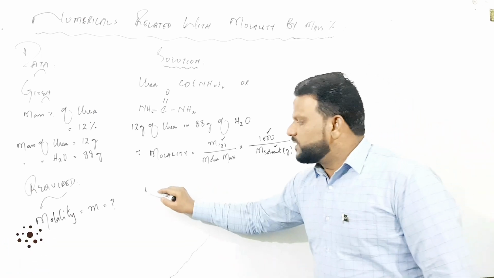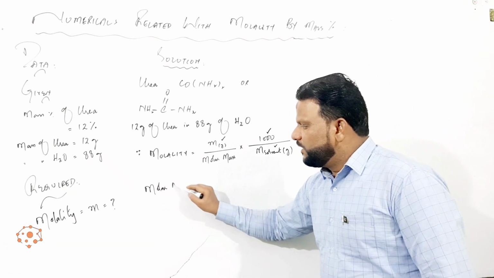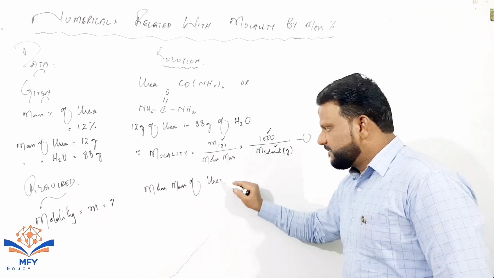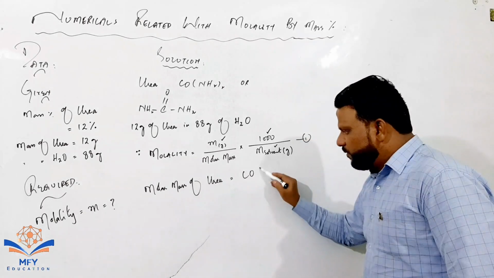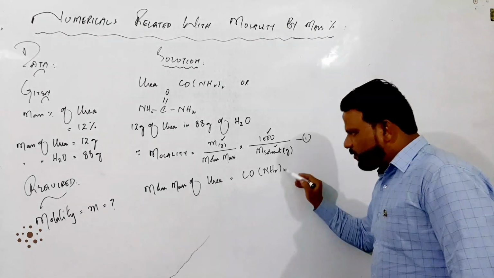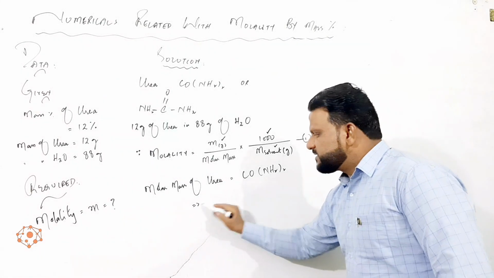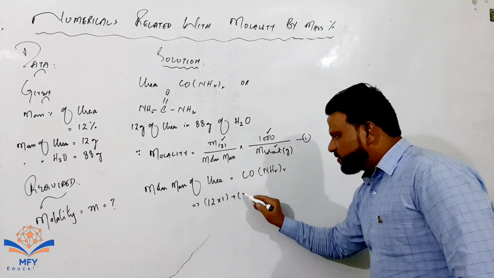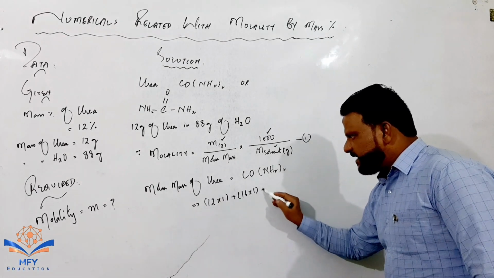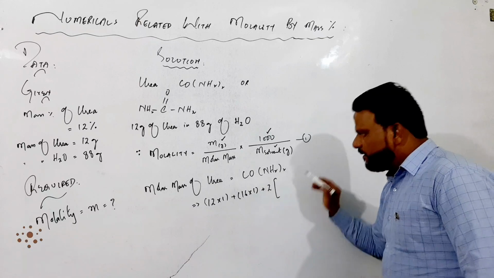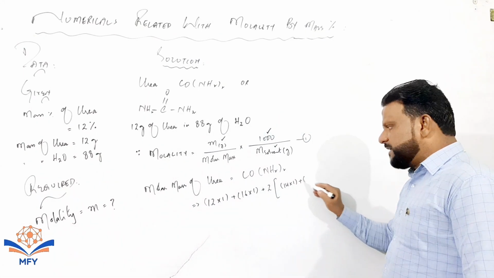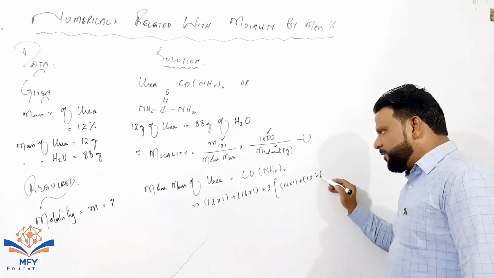Now we are going to calculate the molar mass of urea, that is CONH2 twice. The mass of carbon is 12 multiplied by 1, plus the mass of oxygen, 16 multiplied by 1, plus the mass of nitrogen, 14 multiplied by 2, plus the mass of hydrogen, 1 multiplied by 4.